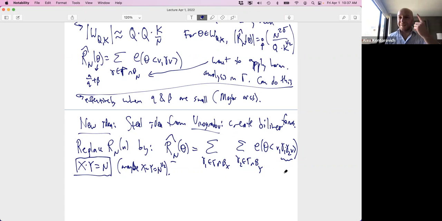But it still has the property, because gamma is a semigroup: the definition of a semigroup is that when you multiply two elements, you're still in the semigroup. So any product of these elements is still in the semigroup. And so we still have the key property that if this new R(n) is non-zero, then n is represented and appears in the set of denominators.